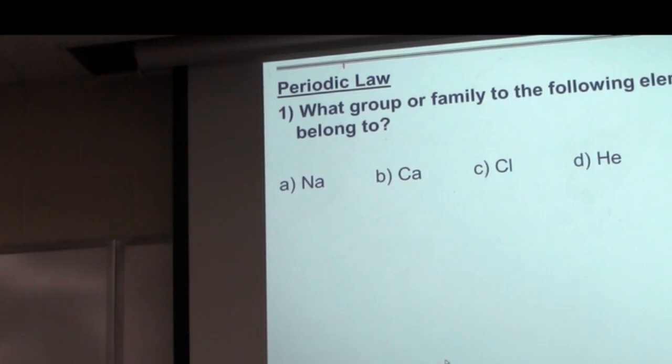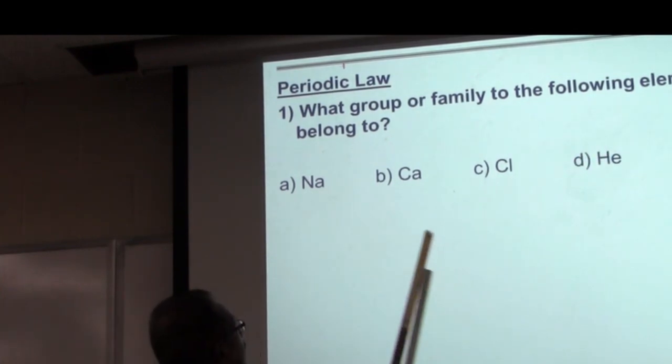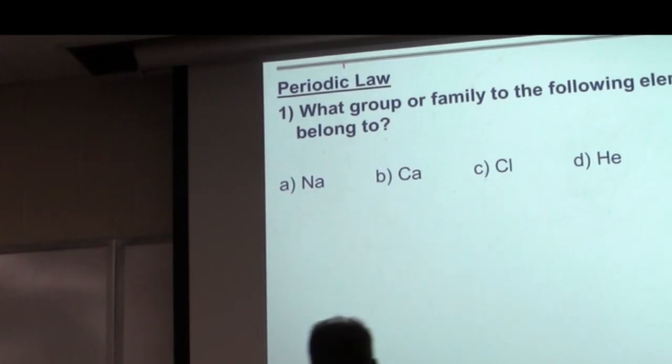Okay, let's do this. I will be quick. What group or family do these elements belong to? Sodium: group 1A, or group 1, just one as in the letter. 1A, all right?